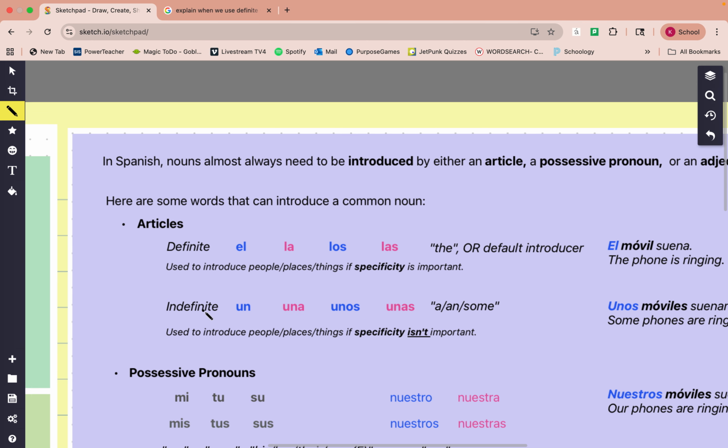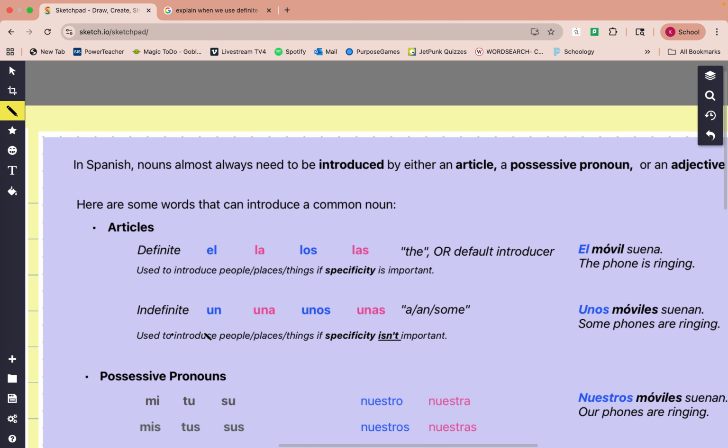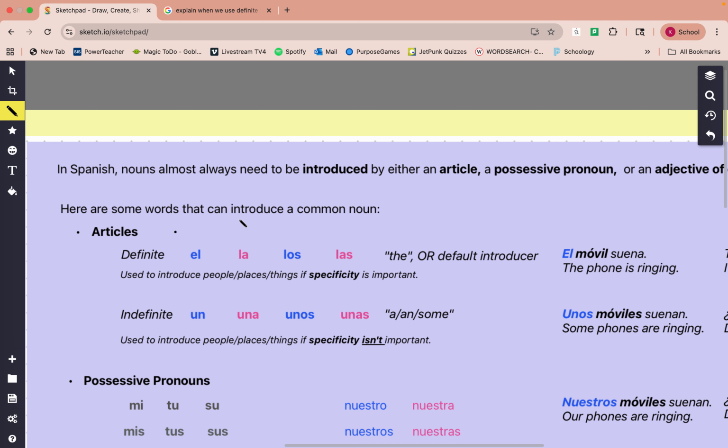You will need to know this. You will be quizzed on the difference between a definite and an indefinite article. So, in summary, a definite article is used when the specificity is important, the specific item or the specific person is important. Indefinite is just, it doesn't matter which one necessarily. We're just talking about something, right?